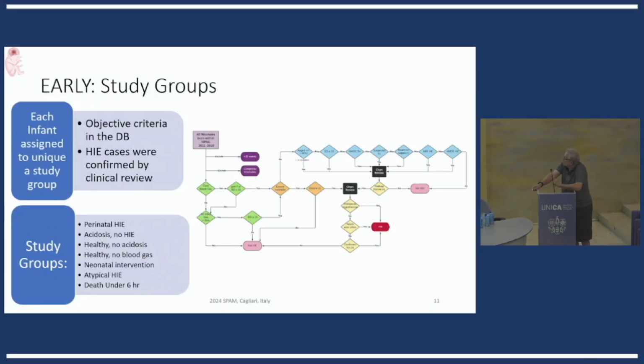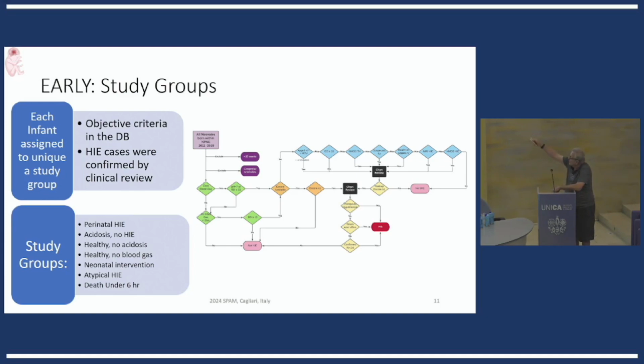Early also includes outcome for each infant. So we have an objective outcome in the database for each infant, and all of the HIE cases were confirmed by a clinical review of the patterns. In fact, Yvonne Wu, who's here in the audience, and her colleagues basically went through some 1,000 clinical files to confirm the output.